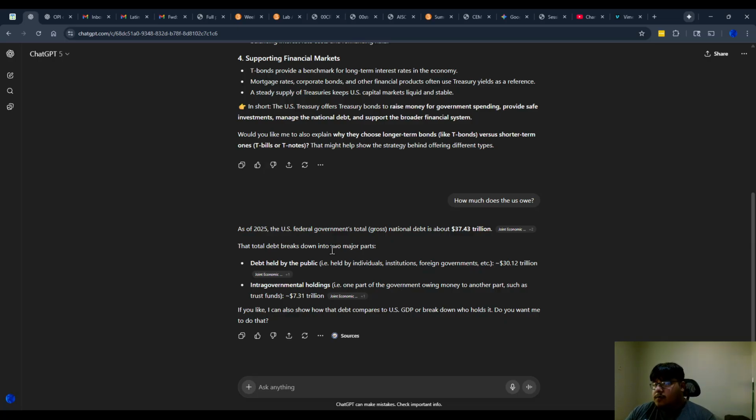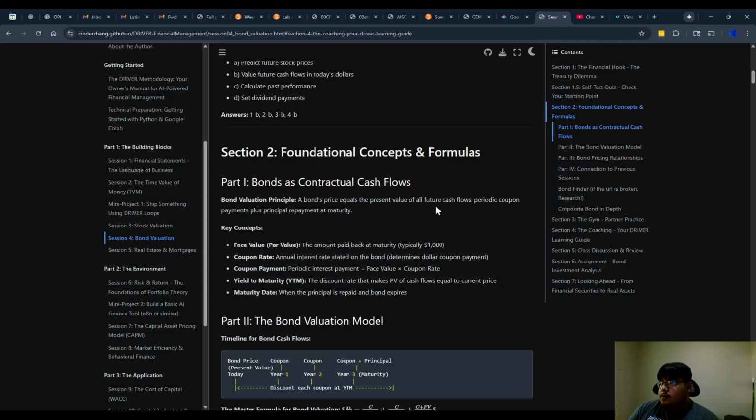That is our gross national debt, and it breaks it up here. Most of it is from debt held by the public, so by individuals, institutions, foreign governments, and then intragovernmental holdings. So, for example, one part of the government owing money to another part, such as trust funds, it's only roughly $7.3 trillion. And then we go back to section 2.